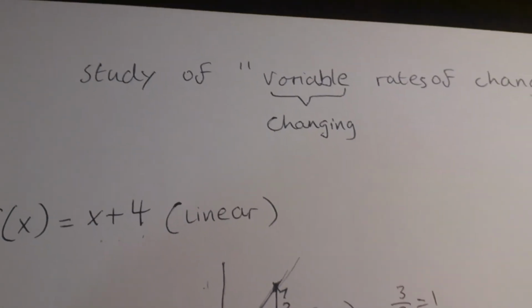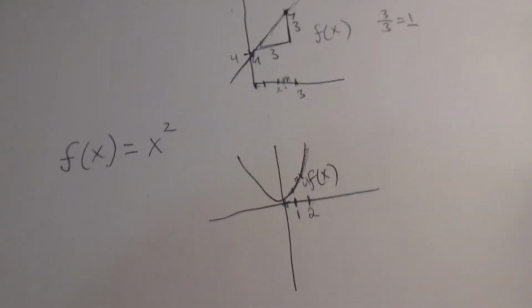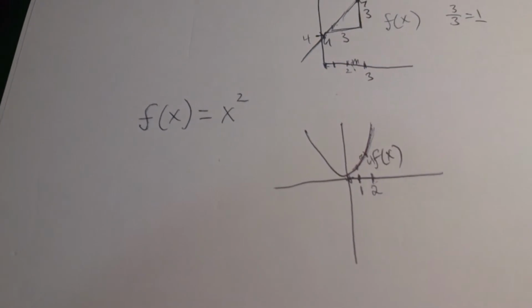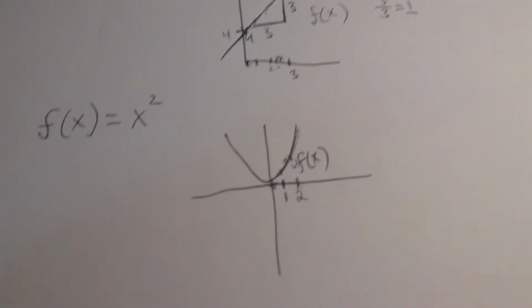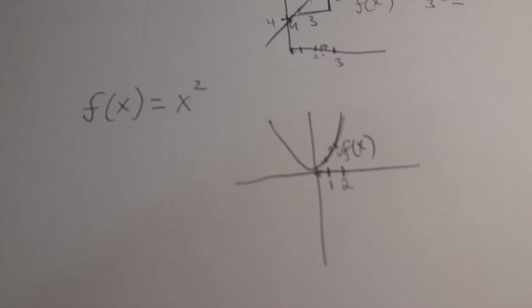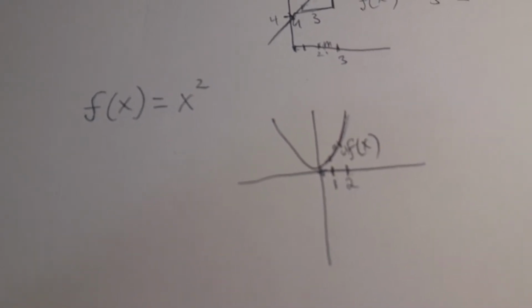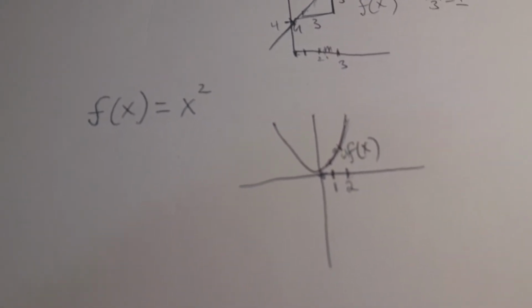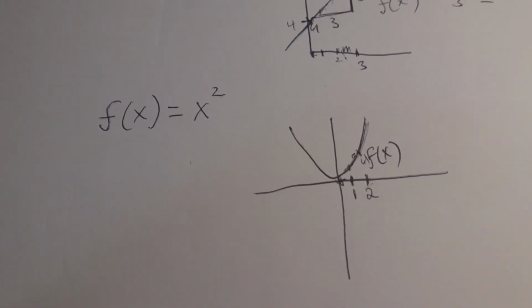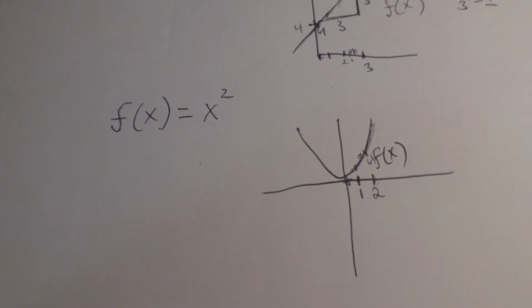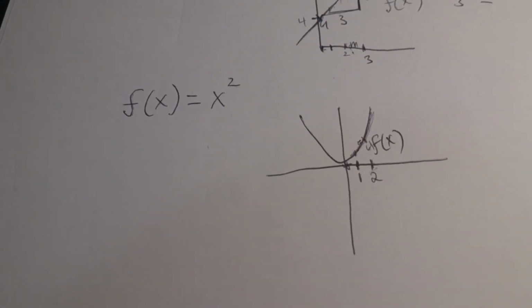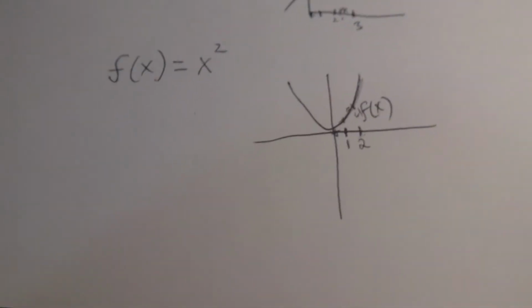Well, that's where calculus comes into play. And calculus basically allows you to calculate the gradient of this curve at any point in the function's domain. So that's one of the things calculus allows you to do. And it's part of something called differential calculus, which we'll get into later.